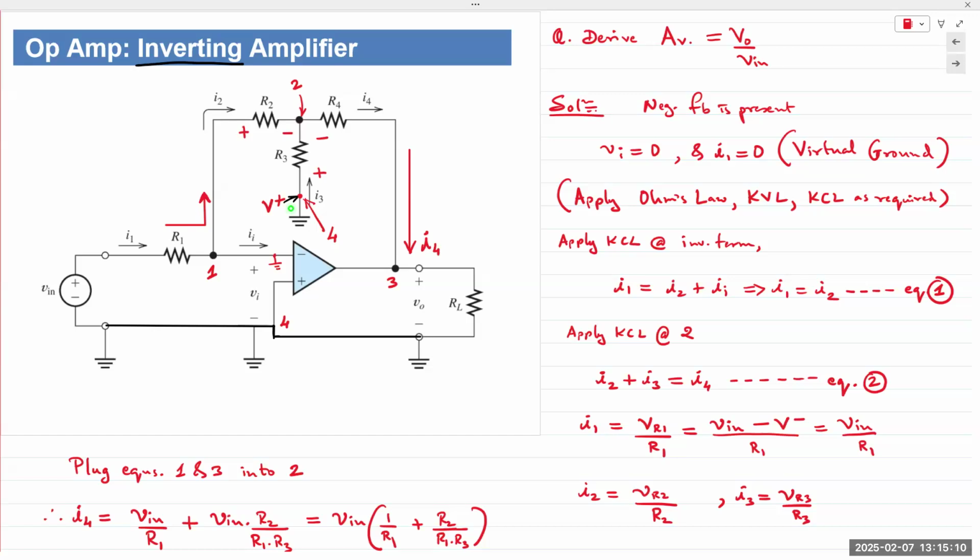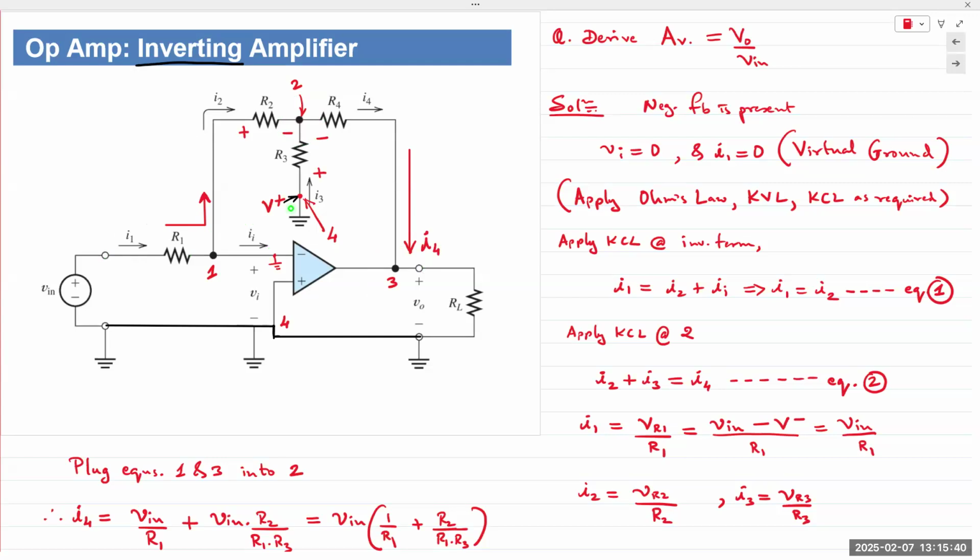Okay, so let's begin. This is node number 1, this here is node number 2, and this is node 3. We have I1 entering, coming from V in, and then splitting into I2 and II. But II from our assumption is equal to 0.